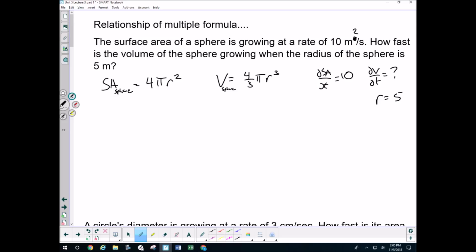So I wrote dSA, because my formula uses SA, could have just used A or something and it'd be dA/dt, but I wrote dSA/dt is 10, dV/dt I'm trying to find, r is 5.